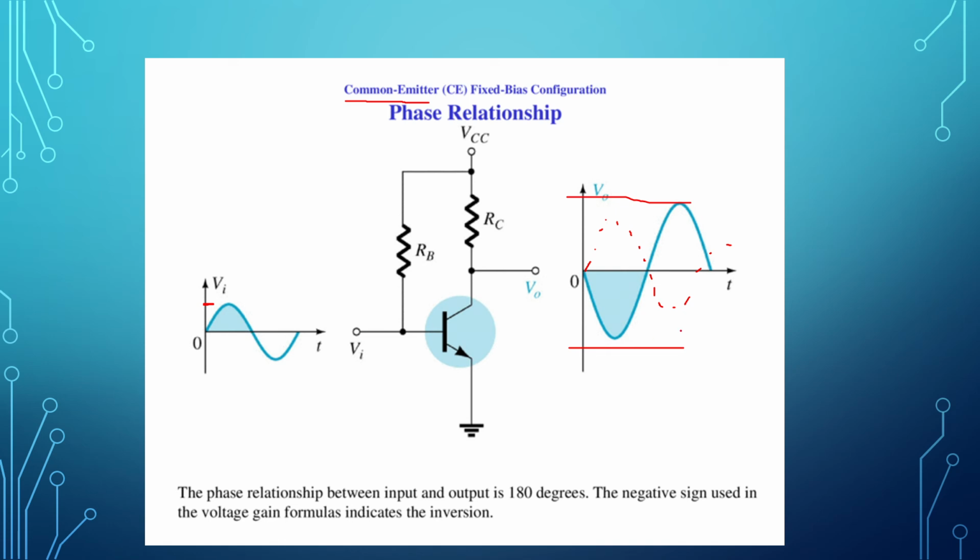That means it will be amplified and the phase will also be different. So if you could also show this in your results, where you plot the V out and V in together and show the difference of the phase. So this is the phase relationship of a common emitter amplifier.